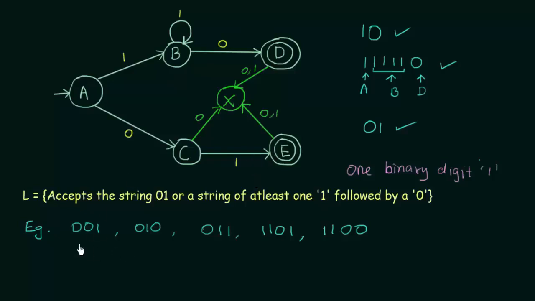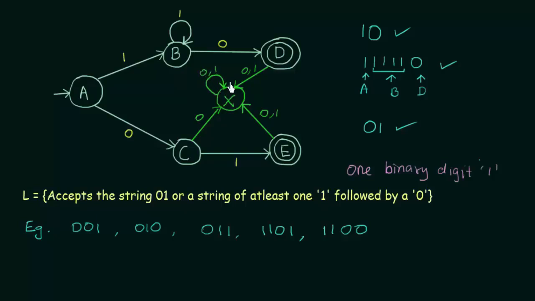Okay, now we can check these strings. 0, 0, 1, 0. If it gets 0, it comes to state C, and it gets another 0, goes to state X, and 1. Oh, our dead state is also not complete. We did not mention what happens if we get 0 or 1 in the dead state. Whatever you get in the dead state, 0 or 1, it stays in the dead state.